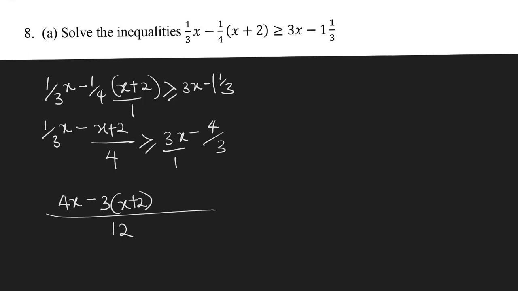Then we have our greater or equal to sign. Then 12 divided by 1 is 12, and 12 times 3x is 36x. Then we have our minus. Then 12 divided by 3 is 4, and 4 times 4 is 16. So we're going to have 16.